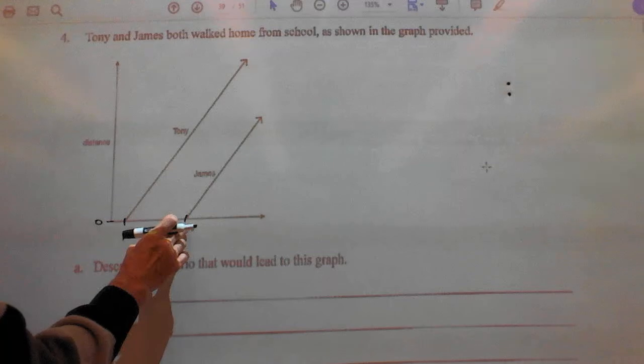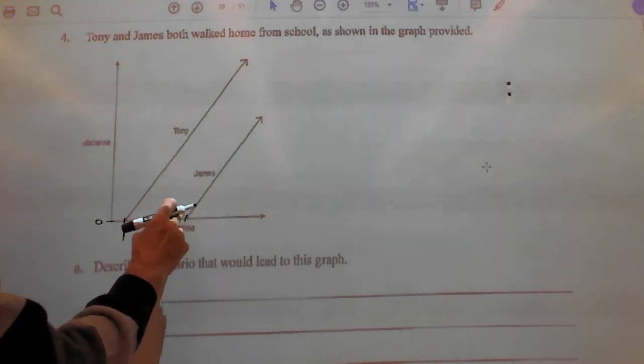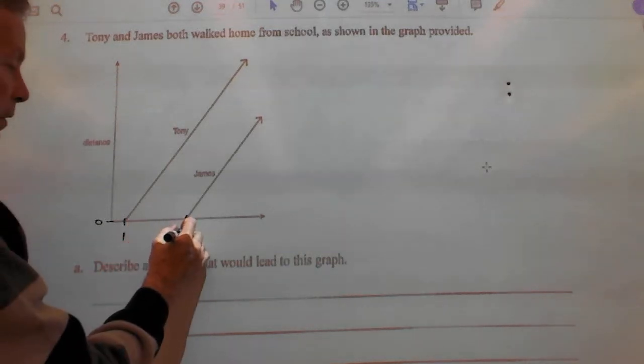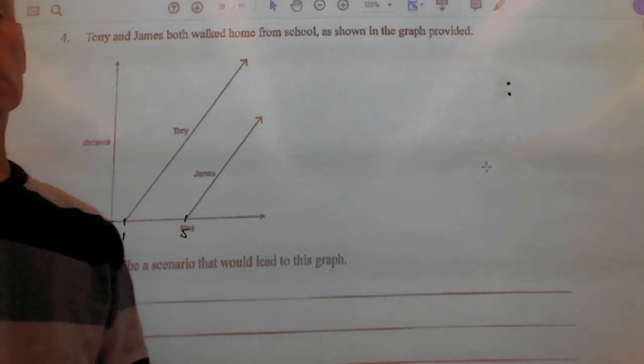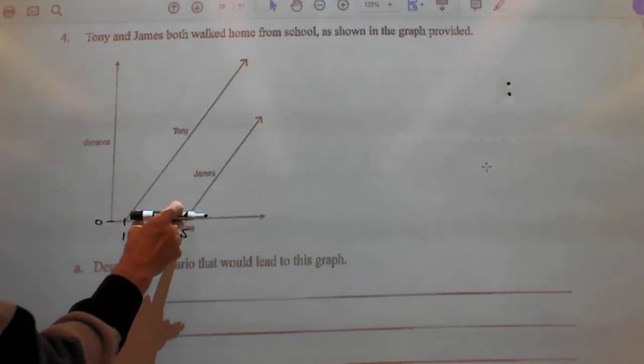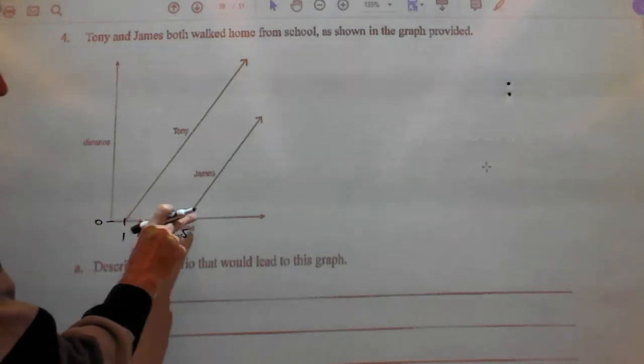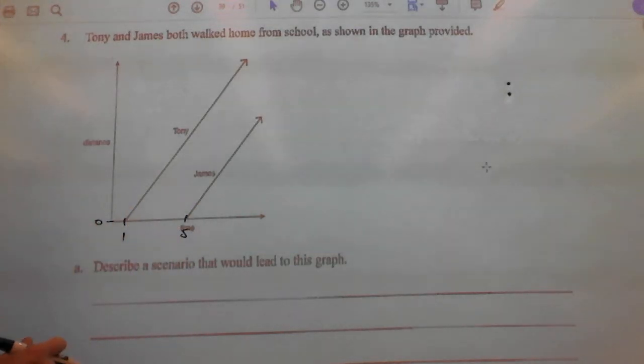James also walked home, but you can see from his line, he must have left a little bit later, right? Because his distance doesn't start increasing until later on in time, okay?